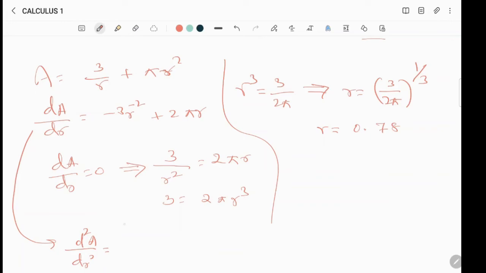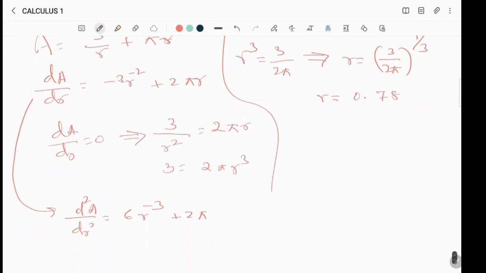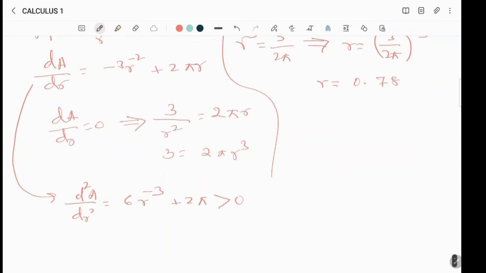Okay, so again differentiate, so minus 3 times minus 2, that is 6, r to the power minus 3, and this is 2 pi, r is 1. If you put r as 0.78 in this, it will be positive. So at r equals 0.78, area will be minimum.